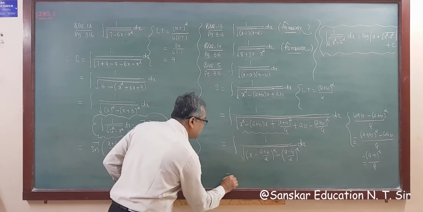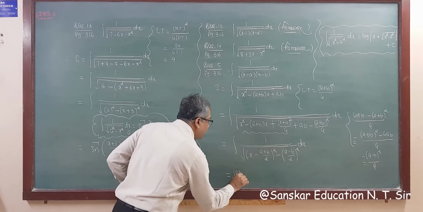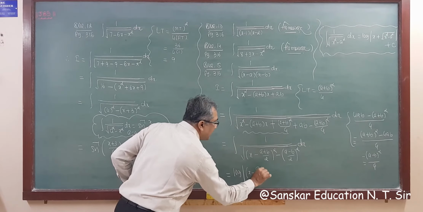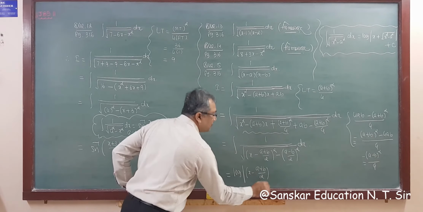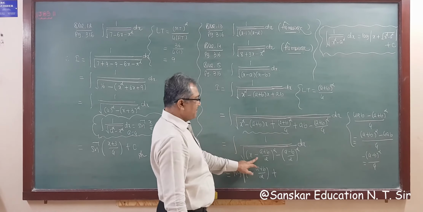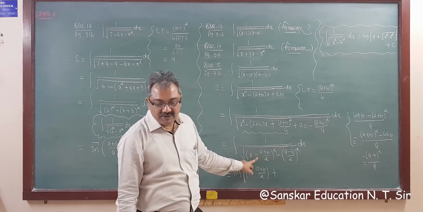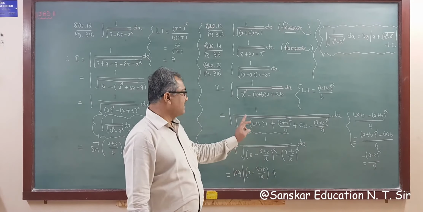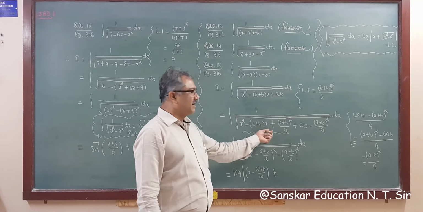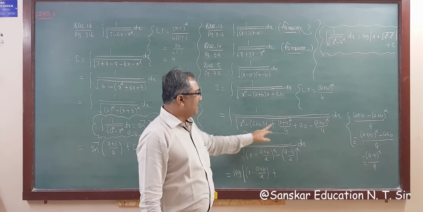This is equal to log mod x minus (a plus b) by 2, right? Plus square root of this, right? So square root of this means this is this, because we simplify this, we can't take anything common, so adding and subtracting.